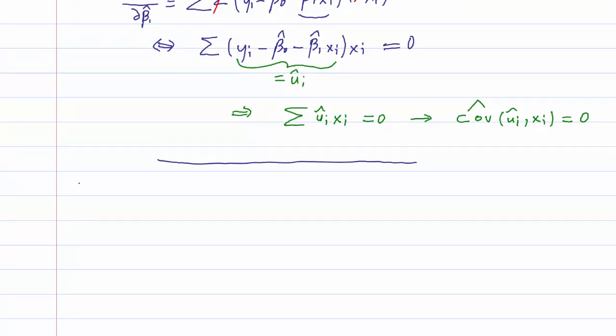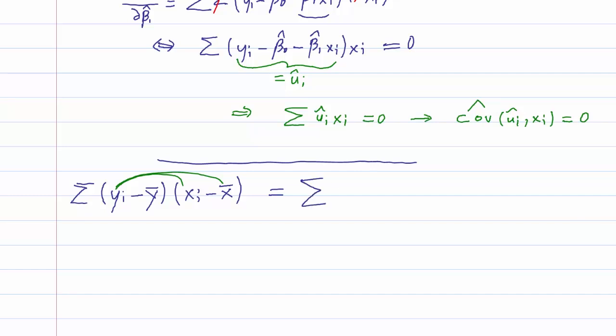So before I solve everything here, I need to go through a few results that will be very useful. And this concerns the sum of the product of two variables where we remove the mean. So sum of yi minus y bar times xi minus x bar. And this is equal to, I'm going to basically expand everything. So I take yi and I multiply by both elements in the other parenthesis.